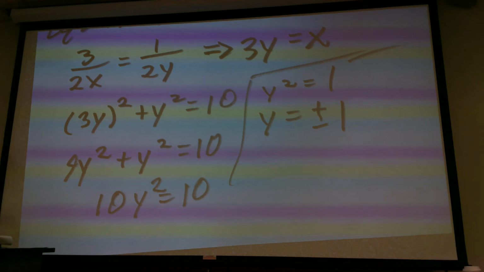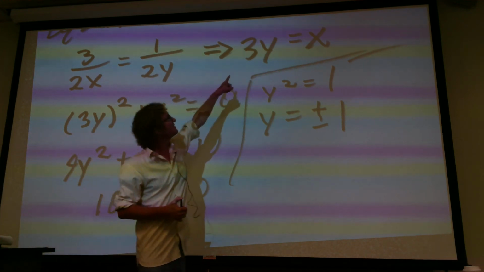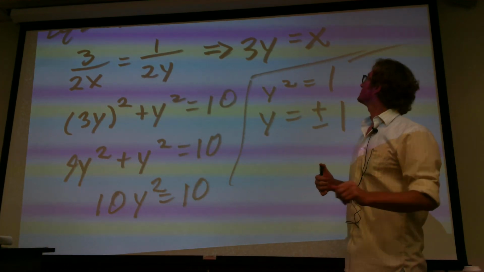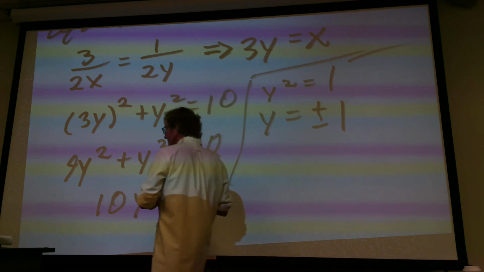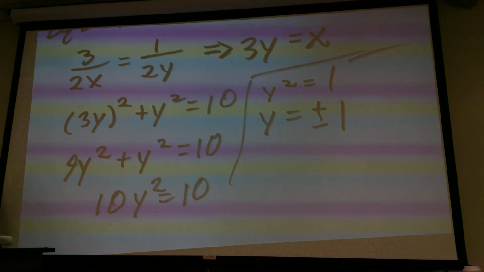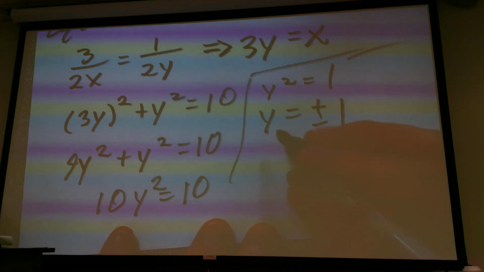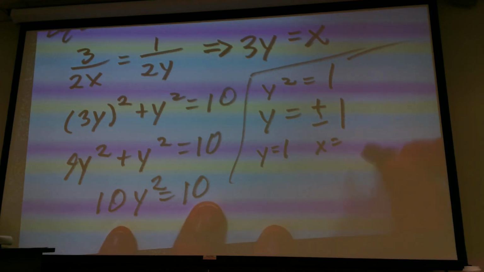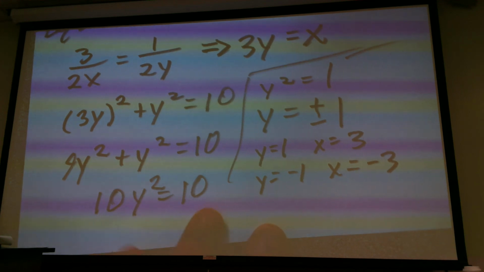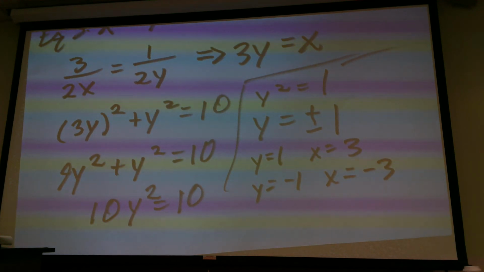Now think about this equation, that 3y equals x. Okay? So if y equals 1, x equals 3. If y equals negative 1, x equals negative 3. Okay, so we have 2 points, (3, 1) and (negative 3, negative 1).